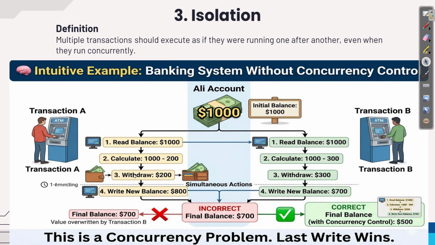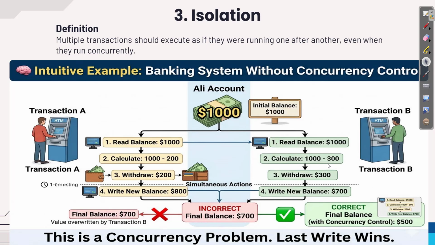Okay, isolation. Here you can see two transactions are carried out at the same time. User A reads the balance, it is $1,000, and the same user B reads the balance, it is $1,000. The first one draws $200 and writes the balance as $800.